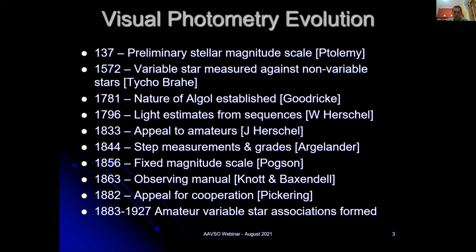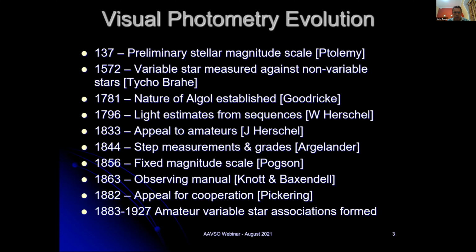And his descriptions of the brightness of the object against other non-variable stars allowed us to reconstruct the light curve of that particular supernova. Moving now to 1781, science started to appear with the work of Goodricke, who established the eclipsing nature of Algol simply through visual photometry.